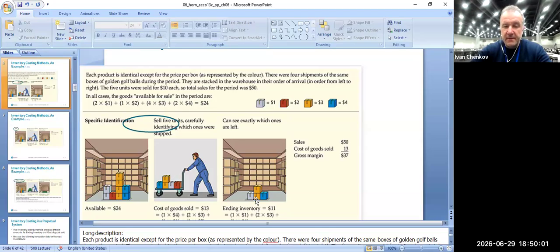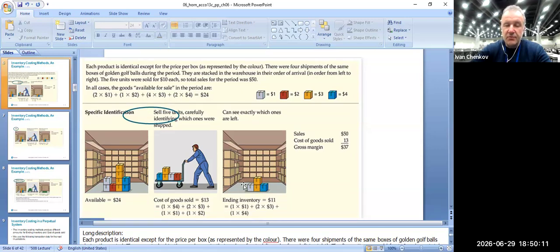The items left are unique, with different colors and different prices, so we can easily calculate our ending inventory. In this case, the available boxes total cost 24. We sold 13, so obviously 11 is left. That's the specific unit identification method.